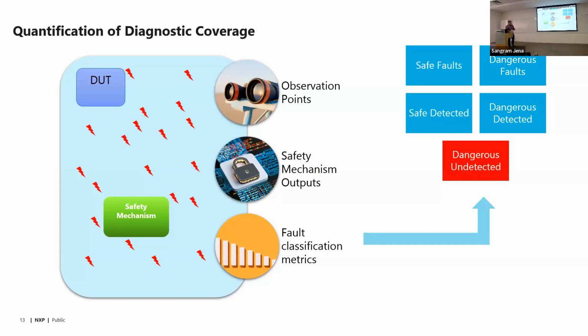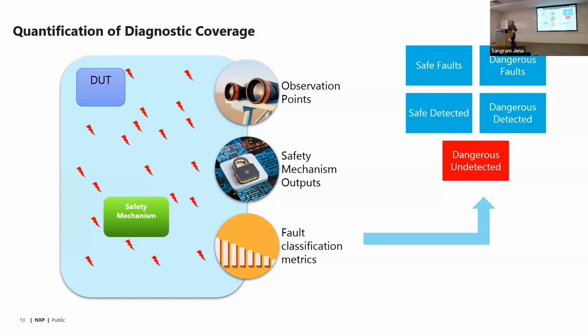But let's say I've injected 100 faults in a particular DUT, out of those 100 faults, how many of those faults can my safety mechanism safely handle? How many of those faults can be safely detected? How many of those faults are going to affect my output? So all these kinds of things are checked in a methodology where you figure out what is the effectiveness of your safety mechanism. And this is where the fault injection simulations come into the picture.